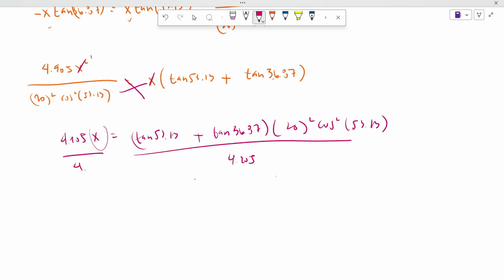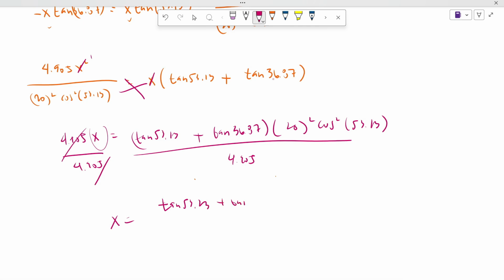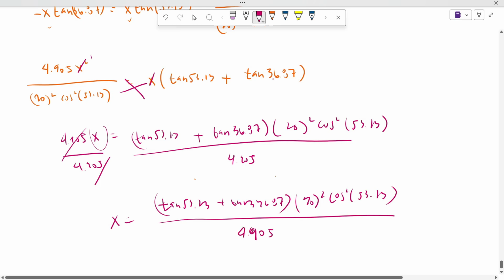So, cancel, and what remains is x. So x equals tangent of 53.13 plus tangent of 36.87, and then 20 squared cosine squared of 53.13, all over 4.905.